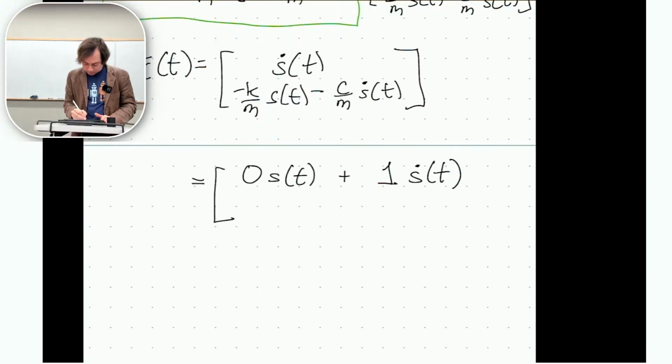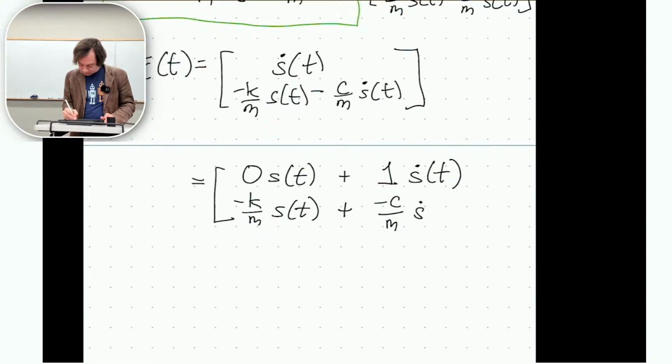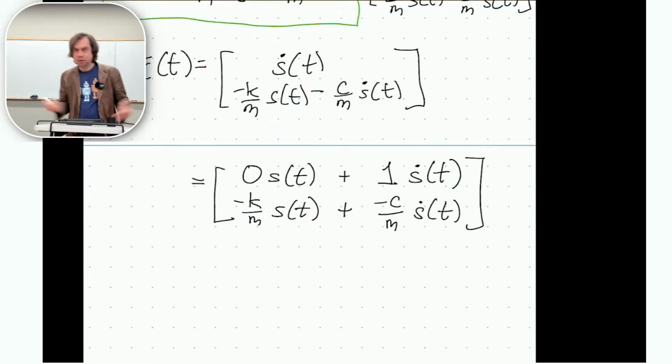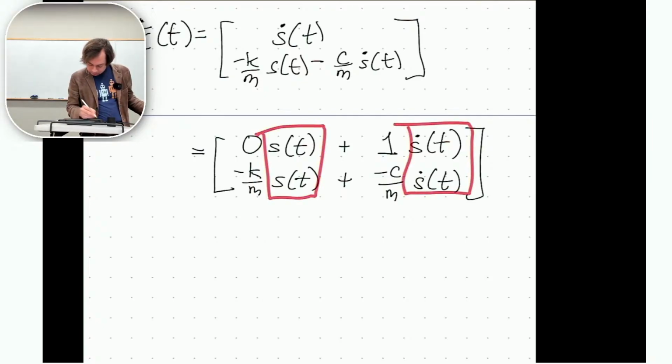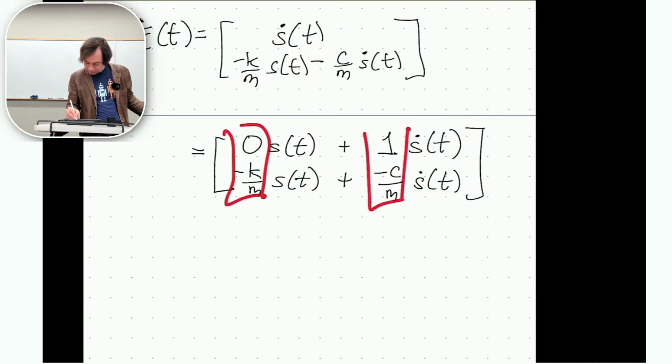And here, I'm going to say this is minus k over m s of t plus negative c over m s dot of t. No mistakes there, right? Here you can very clearly see, here are your states, and here are your coefficients.